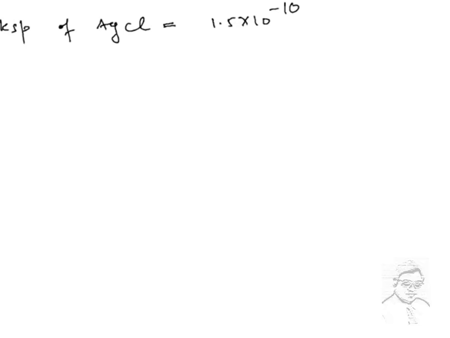You know, if K is less, it means the right side is less favored. We want solubility in pure water first.